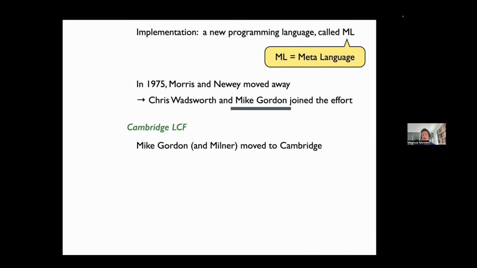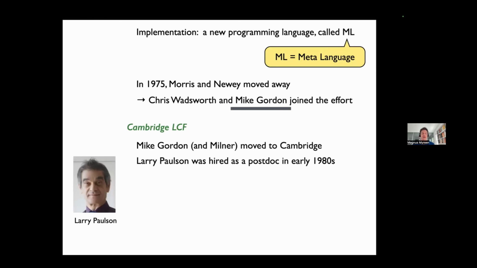And then came Cambridge LCF, where Mike Gordon and Milner moved to Cambridge, but I think Mike first. And then Larry Paulson, you might have heard of him. He started as a postdoc for Mike Gordon in the early 1980s. And here is a picture of him.